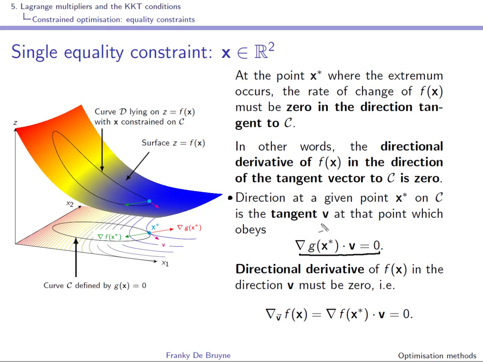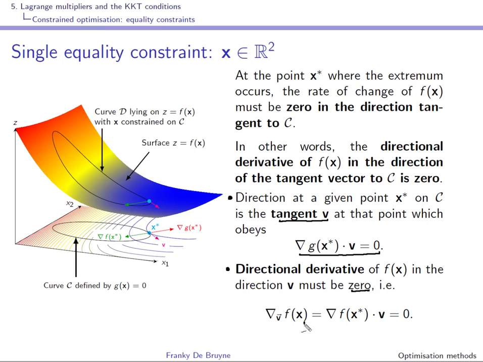So this is how you obtain this direction tangent to the curve C in x star. And now what we have to do is impose that the directional derivative of f of x in this direction that we have just defined is 0, right?